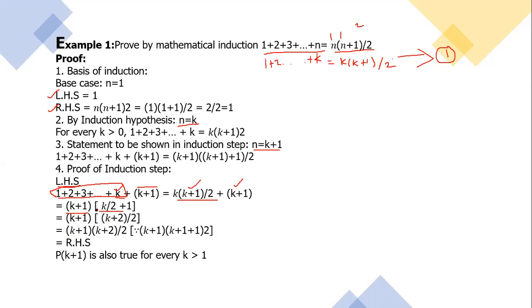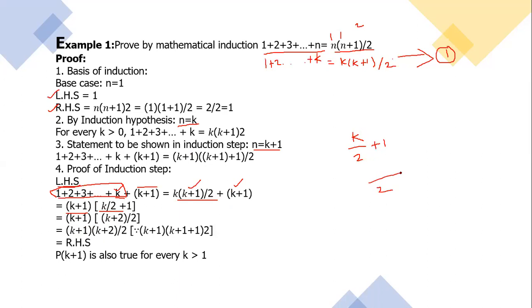Again, I'm going to do what? For example, you know how to solve the equation, how to optimize this equation. K by 2 plus 1. How can we optimize this? We have to take the LCM for this, right? So what is the answer?